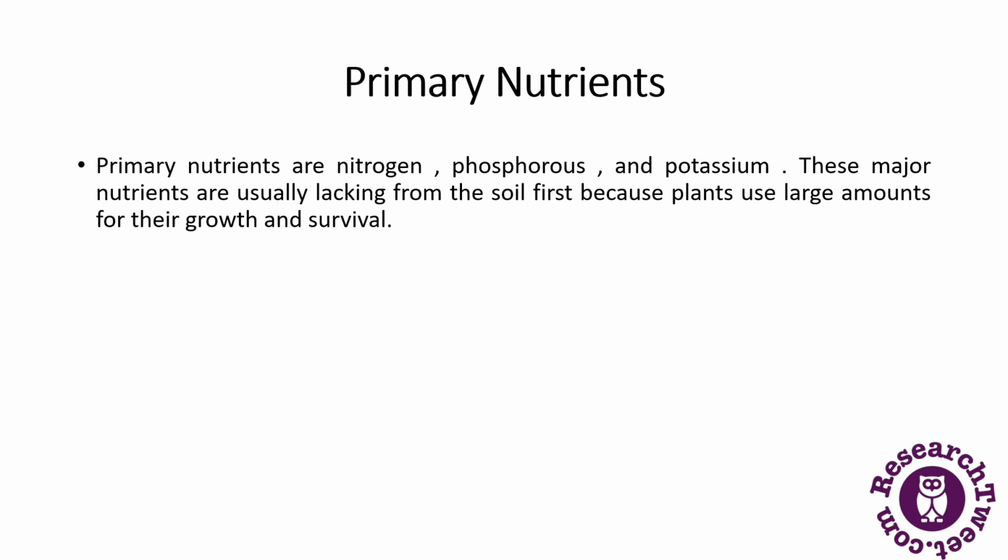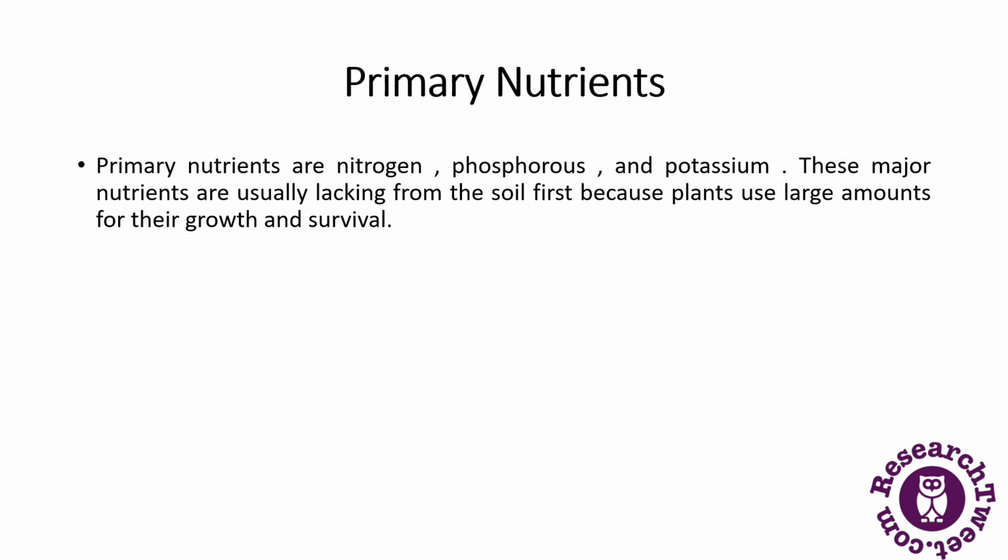These major nutrients are usually lacking from the soil first, because plants use large amounts for growth and survival. As I have already said, nitrogen is present in large amounts in plants, so it is responsible for the growth of the plant. This is why they are called the primary nutrients, and the three examples are given here.